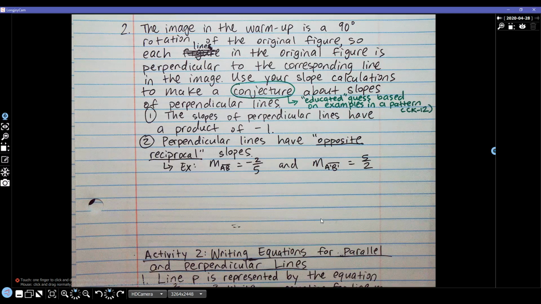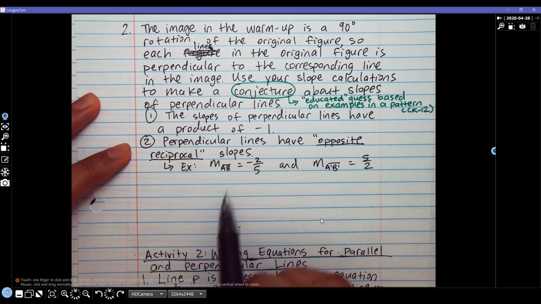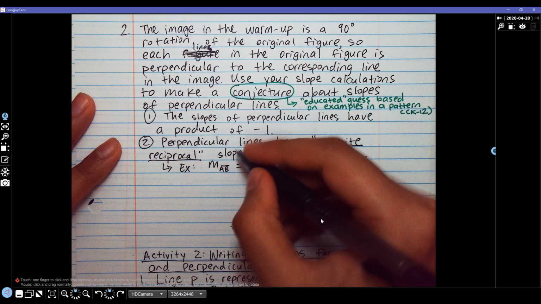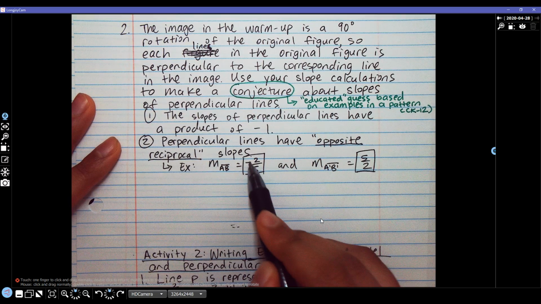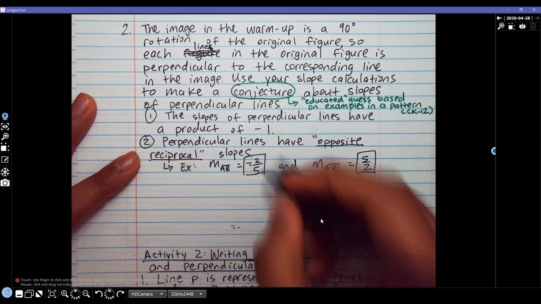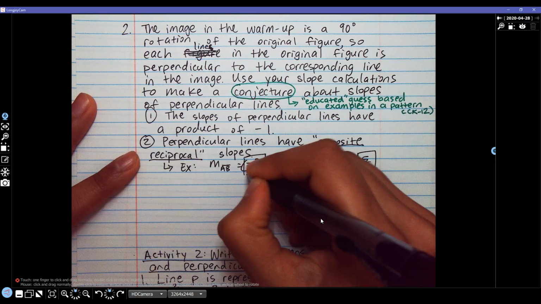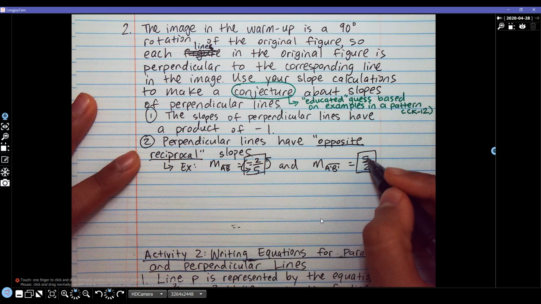So these two lines are perpendicular and they have opposite reciprocal slopes. Our opposite is coming from the sign. You'll see that here it was a negative and now it is a positive. Reciprocal comes from switching the numerator and the denominator. So now 5 is on the numerator, 2 is on the denominator.